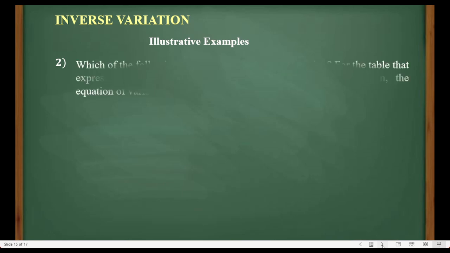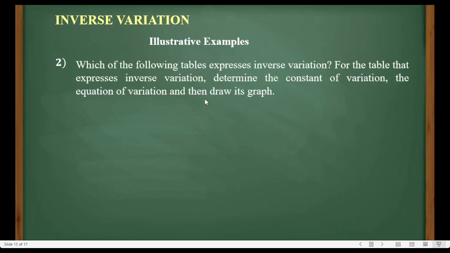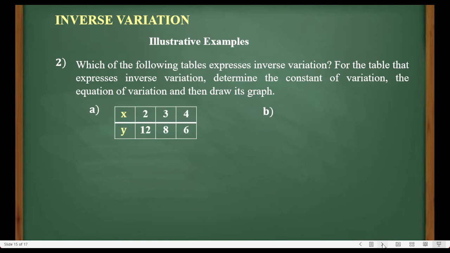Illustrative example. Which of the following tables expresses inverse variation? For the table that expresses inverse variation, determine the constant of variation and the equation of variation, and then draw its graph. So this is the table of values in letter A, while this is the table of values in letter B. So let us investigate.